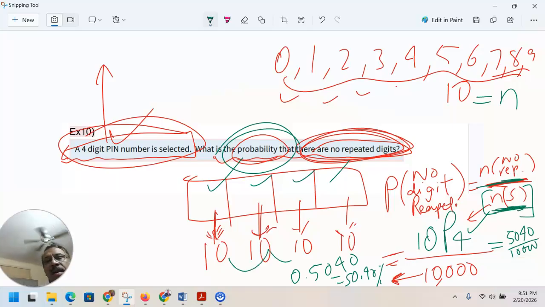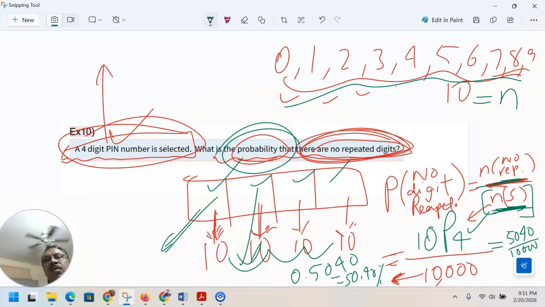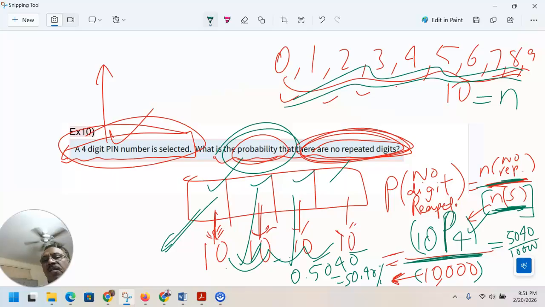That's why I multiply 10, 10, 10. The first position could be any of these 10, the second one also could be any of these. So the bottom piece is always all, but the top piece has a condition. That means if you put a number here, any number in the first place, let's say the first number is 7.